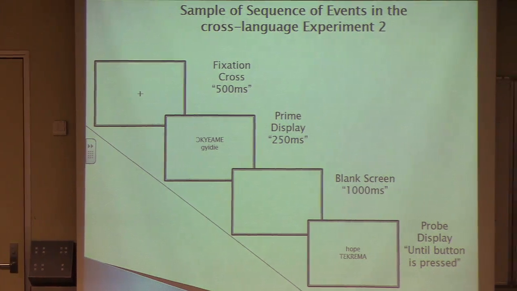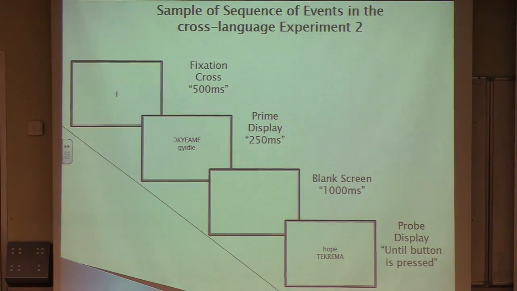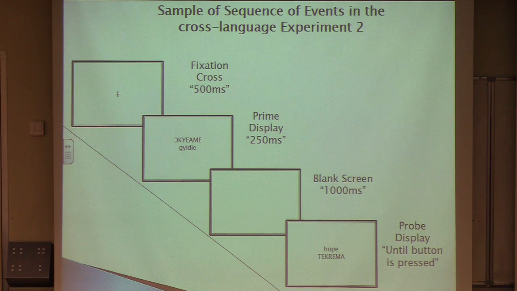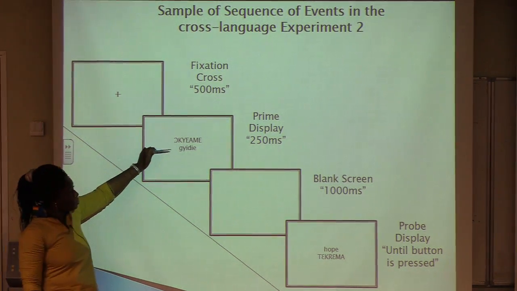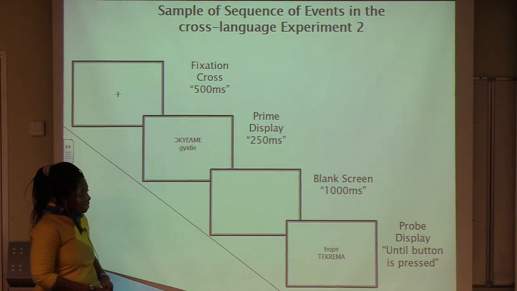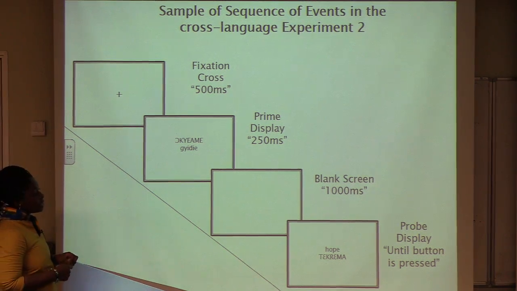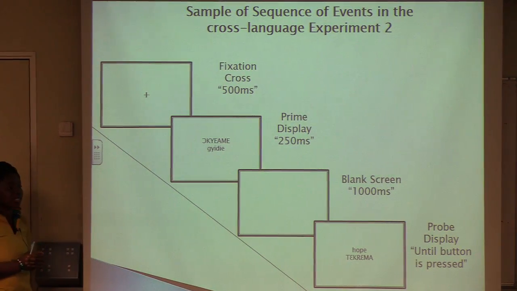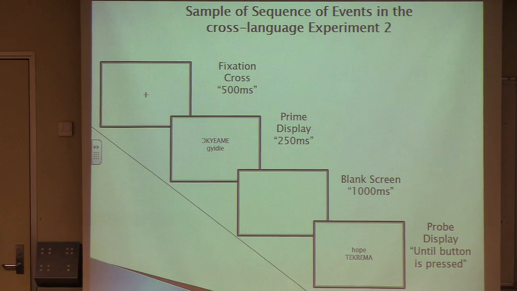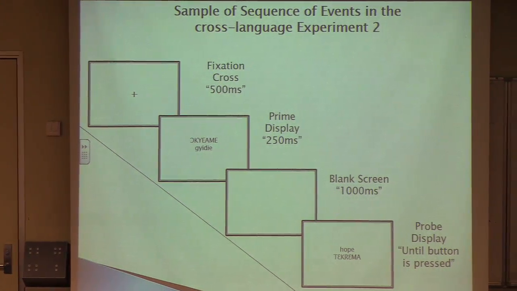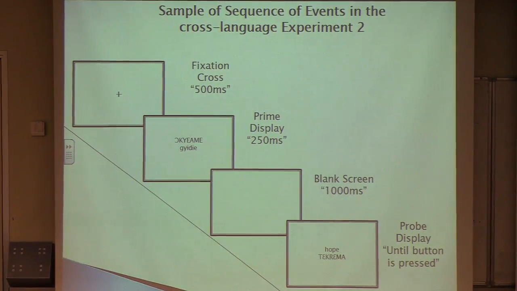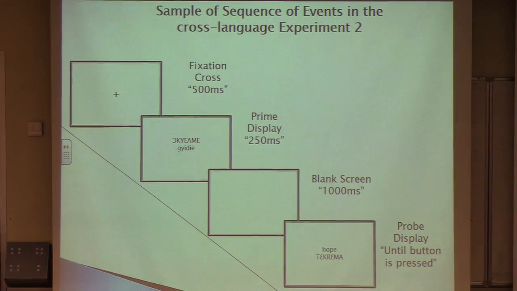The basic task here is for the subject to name the prime target word, which is in Tree, and then make a lexical decision as to whether the next target that follows is a correct English word or not. So they are moving between 2 languages in a predictable sequence. First, they name a word in Tree, and second, they make a lexical decision in the English language.